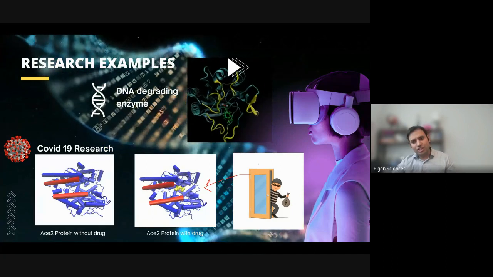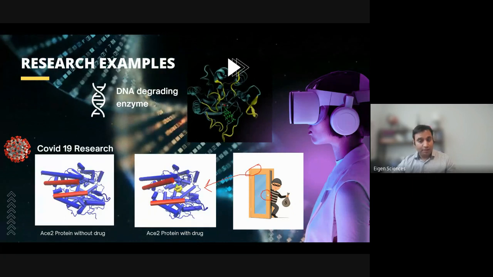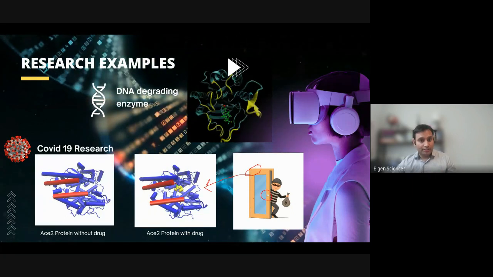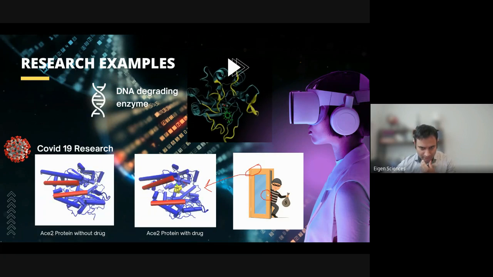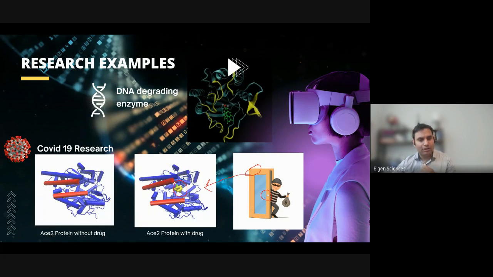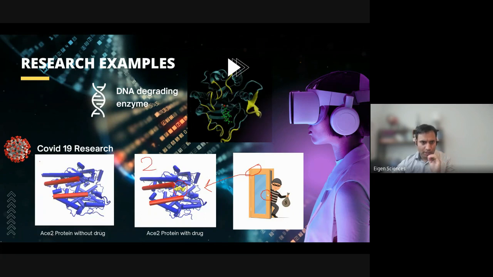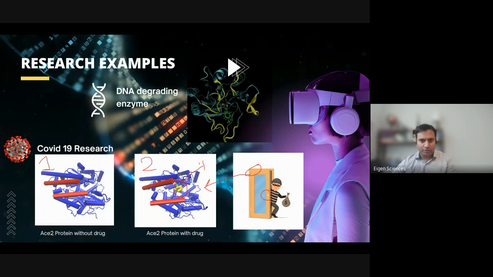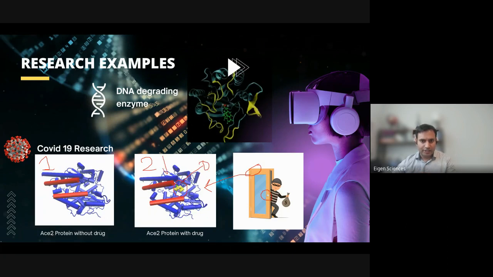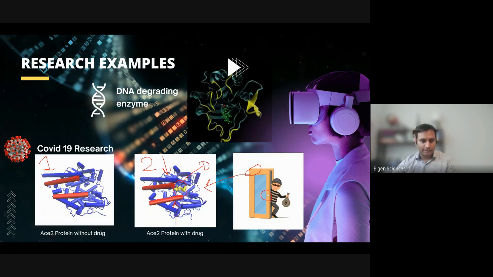So what if I change this door, or what if I change this lock? Maybe the thief, or coronavirus, cannot enter. That's what we are doing in this research. There is a drug, the yellow color structure, and it is only present in image number 2. It is not in 1. What this drug is doing is closing the door, the protein.